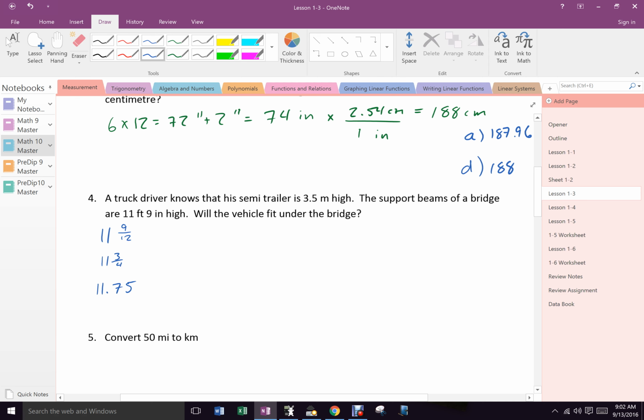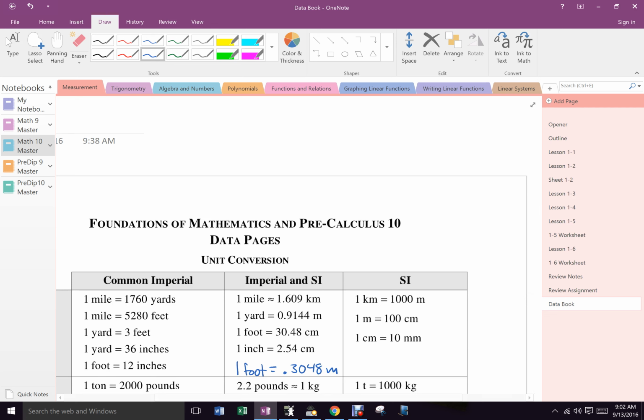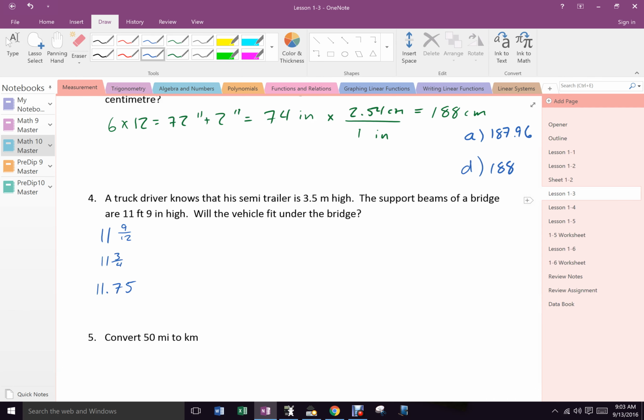I can easily change that to meters, can't I? I go to my data booklet and I actually have feet to meters. We've already done it. It's 0.3048. So I come back to here and I can go 11.75 times, and I want feet. 1 foot, 0.3048 meters.